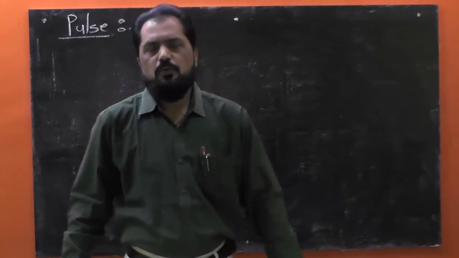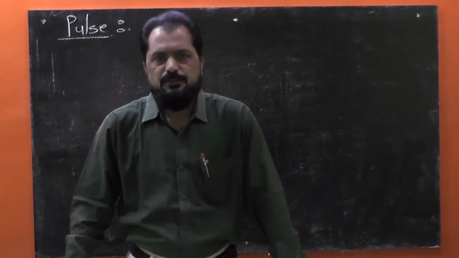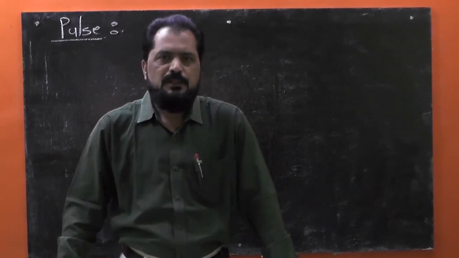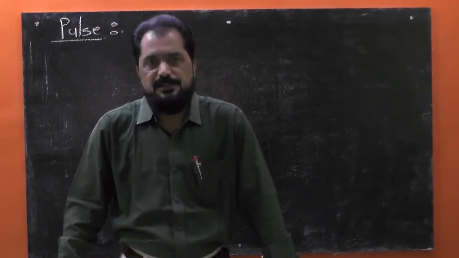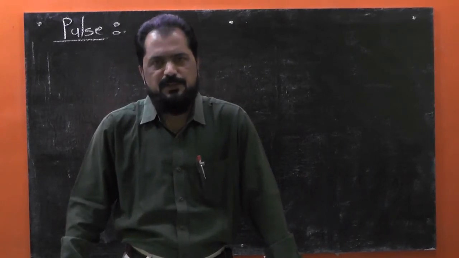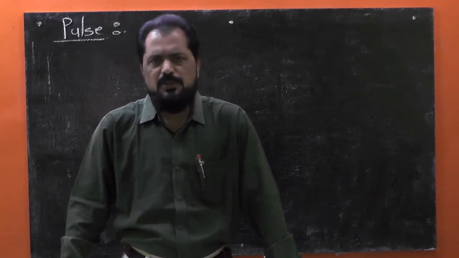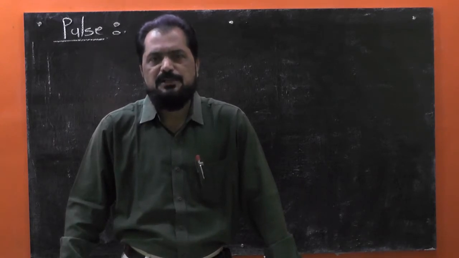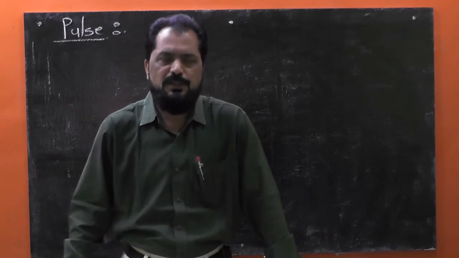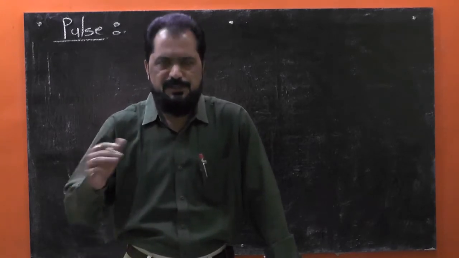Friends, all of you know that the heart shows rhythmic contraction and relaxation. Heart itself acts as the pumping station of our blood vascular system, and because of its rhythmic contraction and relaxation, it receives the blood from certain set of blood vessels and pumps that blood forcefully into another set of blood vessels.